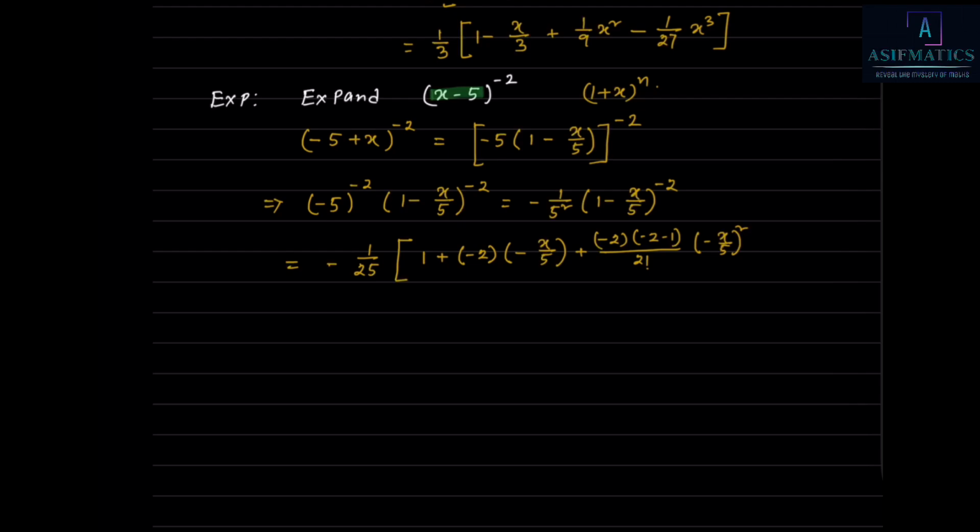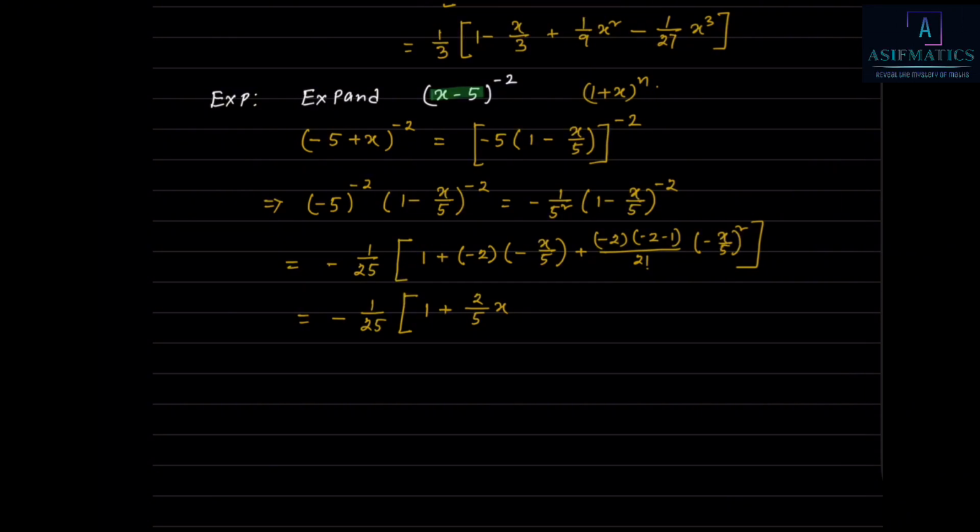Okay, so similarly you can follow this thing. So what we can write here is minus 1 by 25, and here this will be plus 2 by 5x, and then, if you calculate, minus 2 minus 1 is minus 3, and minus 2 times minus 3 is plus 6, by 2, would be 3.